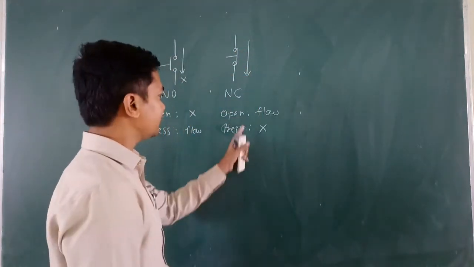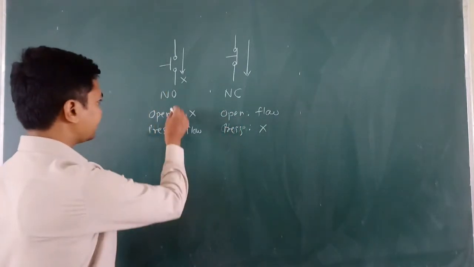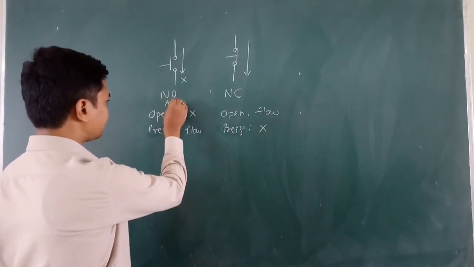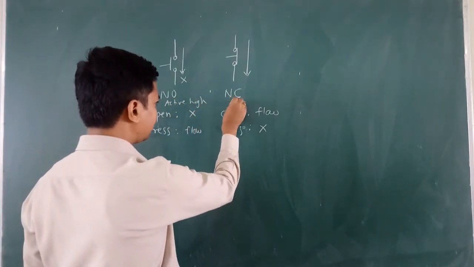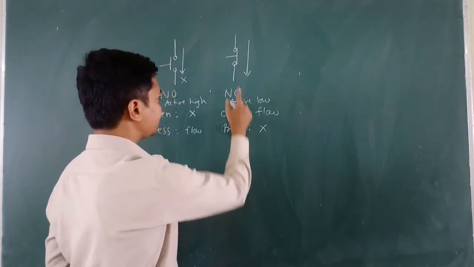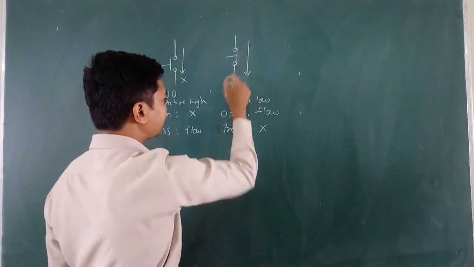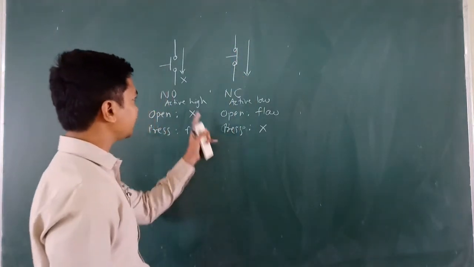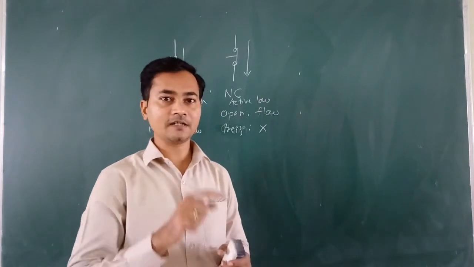That's why I will say this is an active high switch, and this is an active low switch. That means if the switch is not pressed the current will flow, or the circuit will be completed. Using these switches we are going to understand the operations of digital gates.